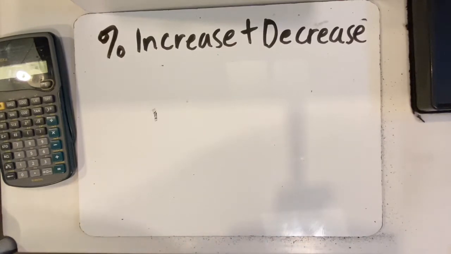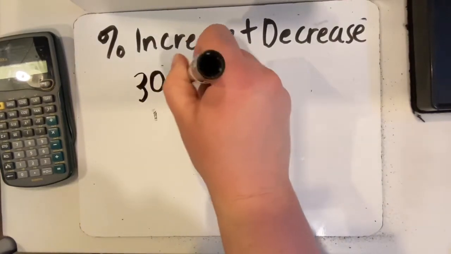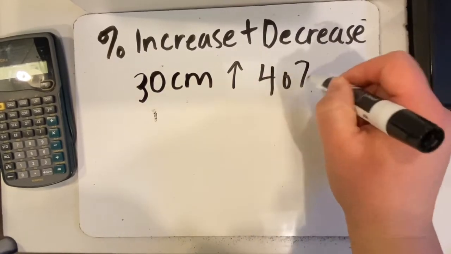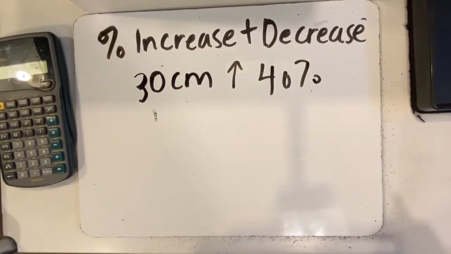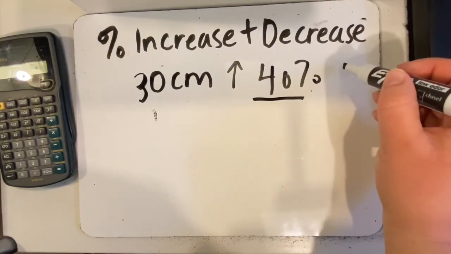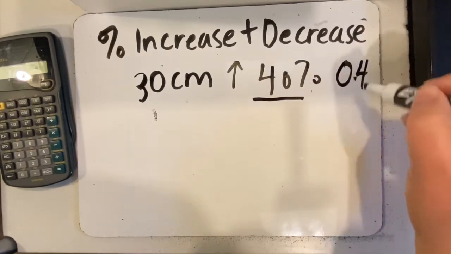Our example is as follows. Let's say we have a length of 30 centimeters and it's increased by 40%. What is the new length? If we were doing method 1, we are always going to use the percent as a decimal, so that would be 0.4.